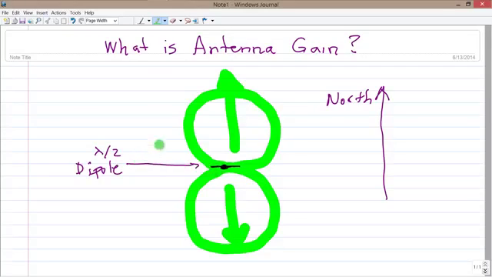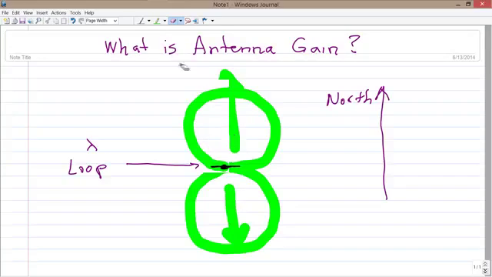Suppose now, instead of this half wave dipole antenna, you are looking down on a full wavelength loop antenna, oriented in a vertical plane so that its axis runs north and south. What you will find is that you will get just a little bit of gain in your directivity pattern.